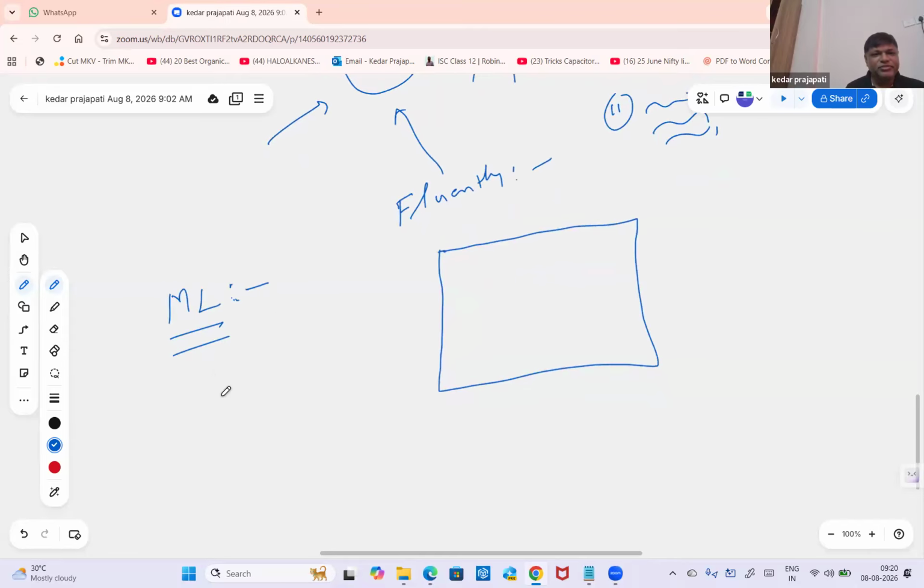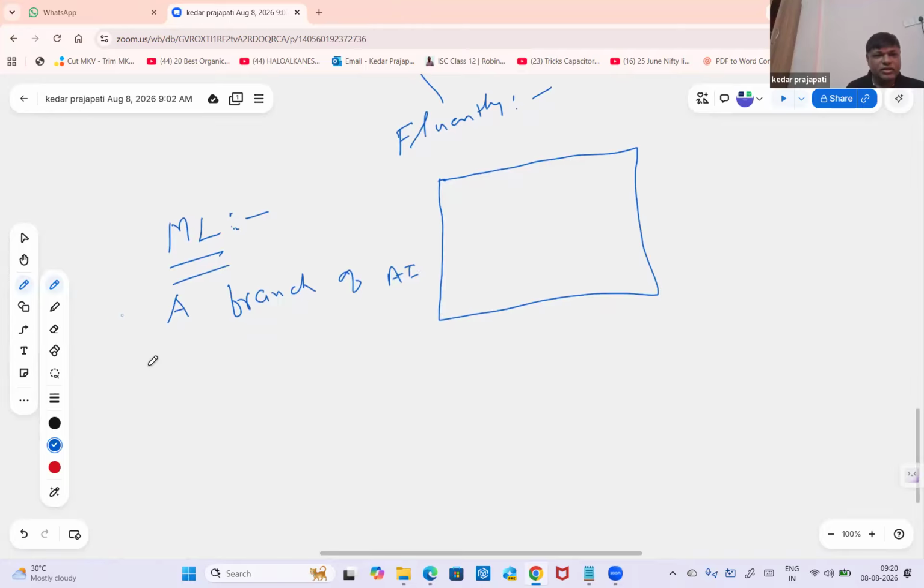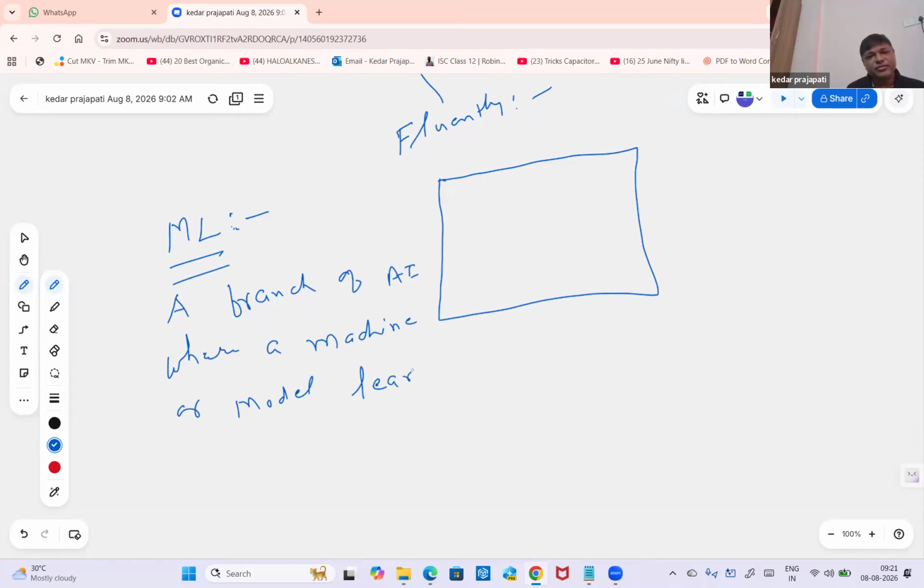So machine learning is a branch of artificial intelligence, a branch of AI, where a machine or model learns from data.